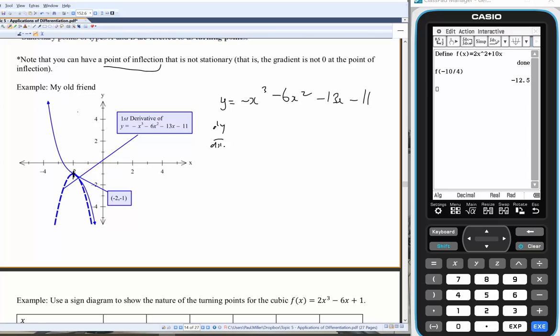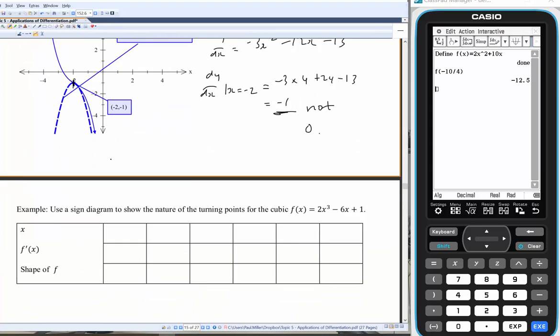Well, dy/dx equals negative 3x squared, take 12x, take 13, and we'll sub in x equals negative 2. So dy/dx with x equals negative 2 is going to be negative 3 times 4 plus 24, take 13, which is going to be negative 1. So notice there that the gradient at x equals negative 2 at the point of inflection is negative 1, not 0. So therefore, it's not a stationary point. It's a point of inflection, but it's not a stationary point.